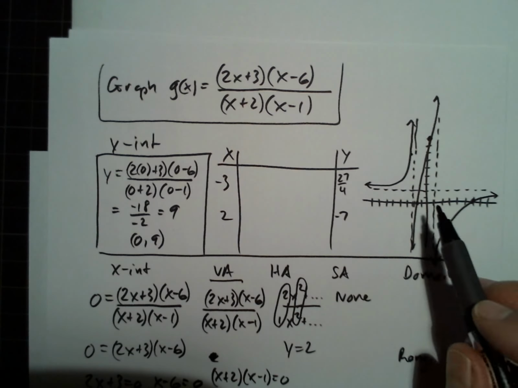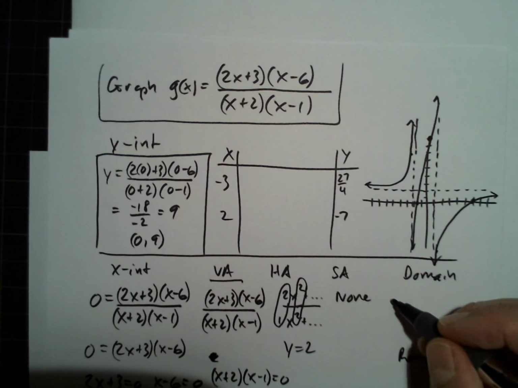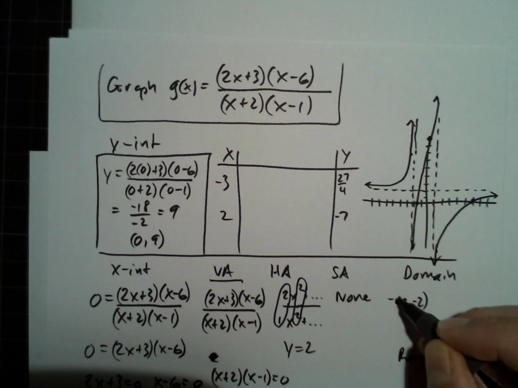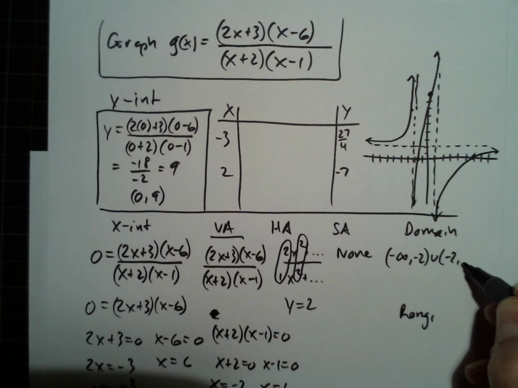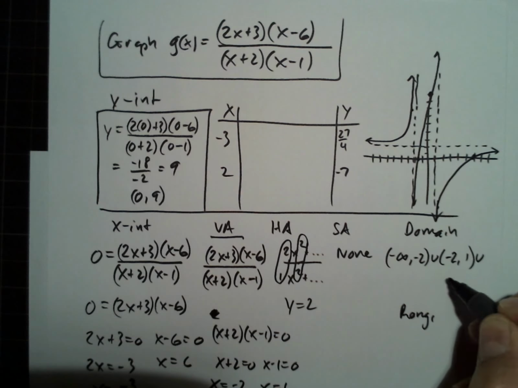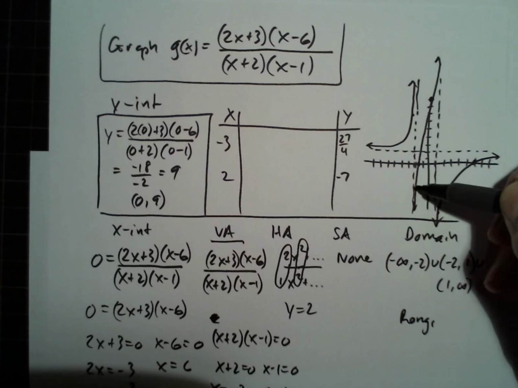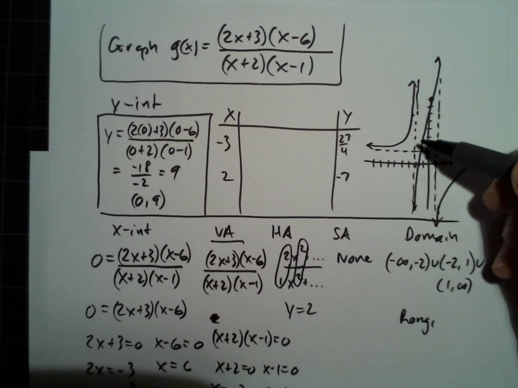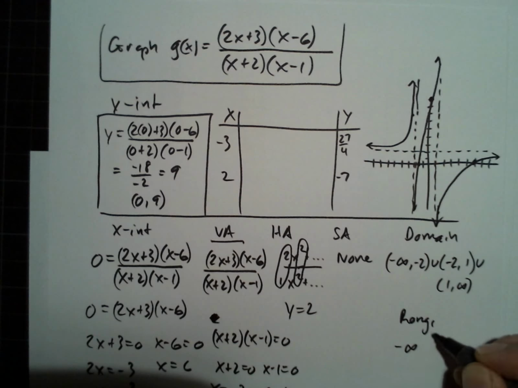The domain has everything except for -2 and 1. And the range, because of this going through the middle, we have all real numbers.